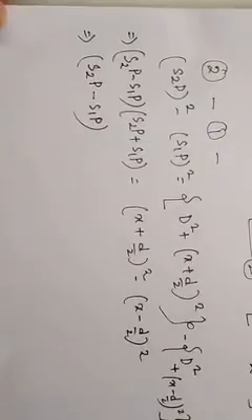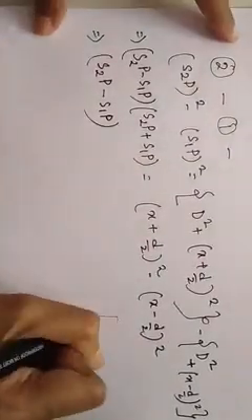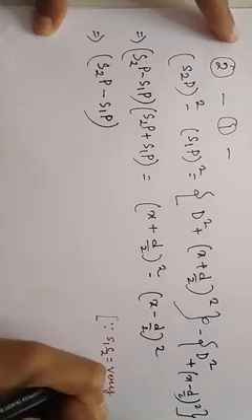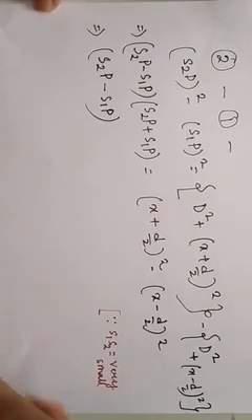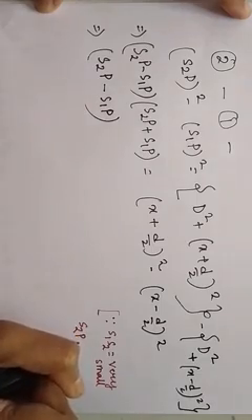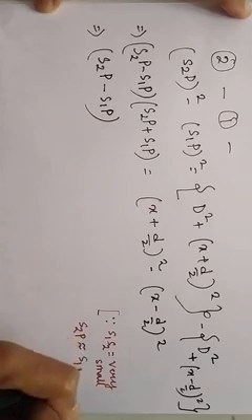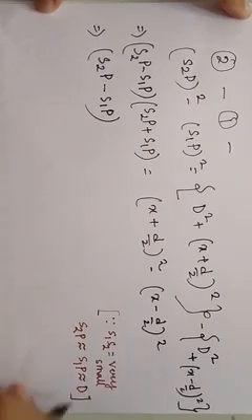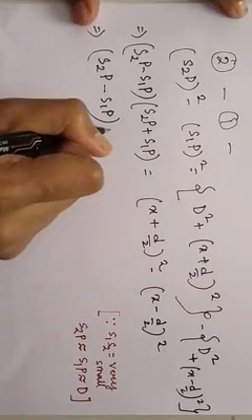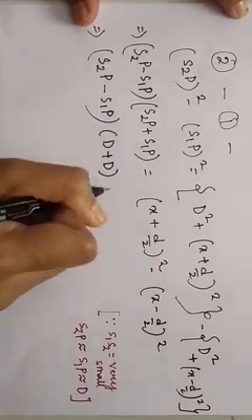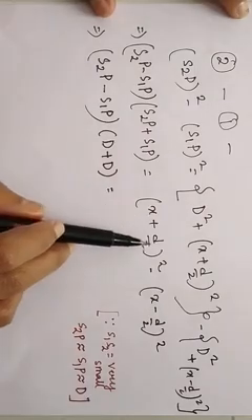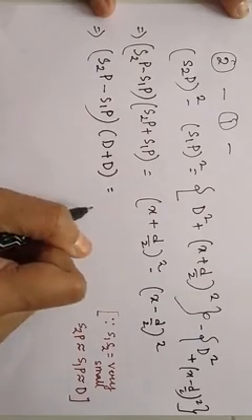So we can write, since the separation between the slits S1S2 is very small, S2P is almost equal to S1P, which is again equal to capital D. So we can write that S2P plus S1P will be equal to D plus D. And here we can apply the formula for a plus b whole square minus a minus b whole square, which is equal to 4ab.